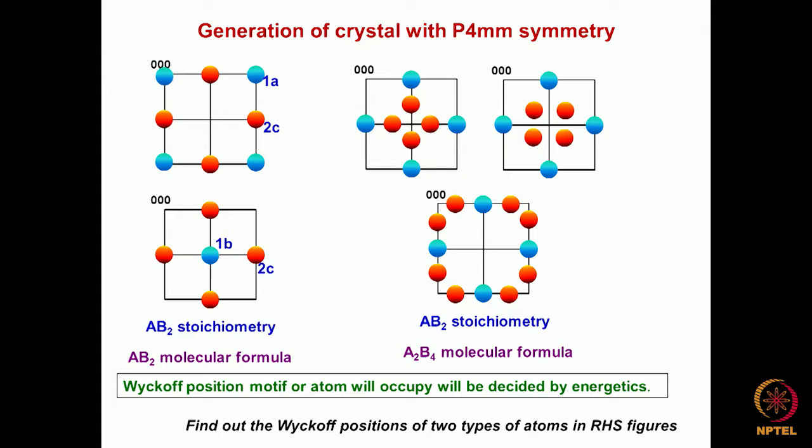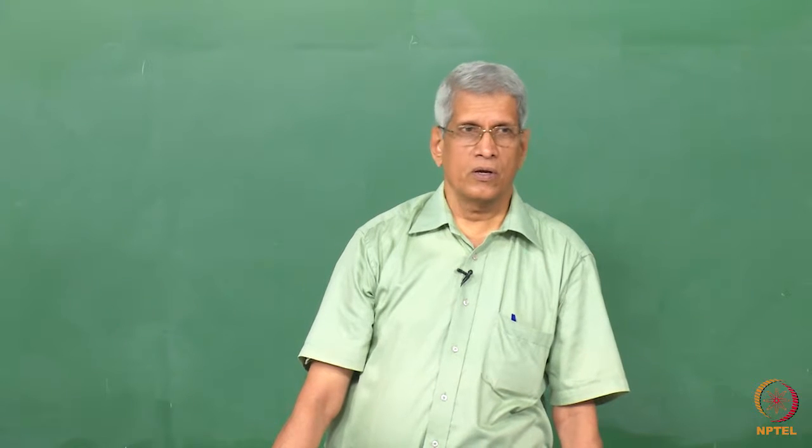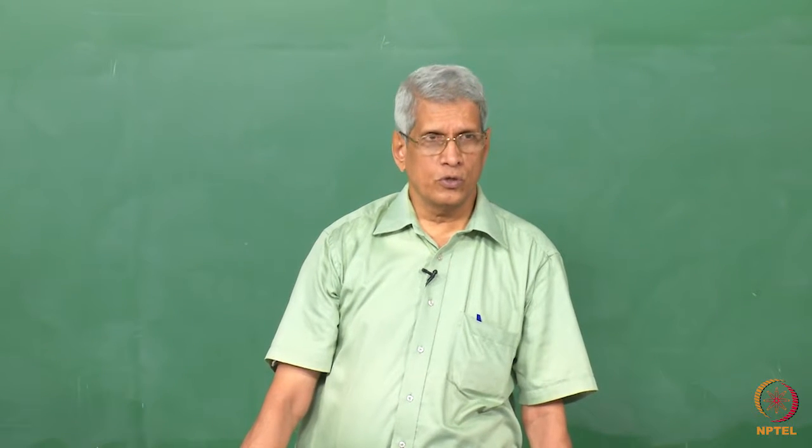Another is you consider another set of 2 types of atoms where the number of atoms in the unit cell is 6. Then what are the positions which are possible in these 2 cases? Like that, A2B4 means A should be 2 atoms in the unit cell.